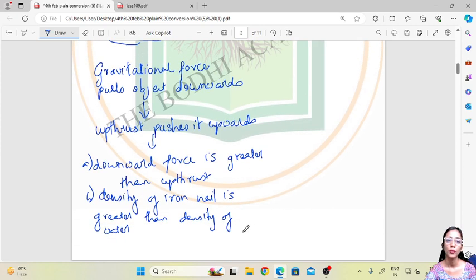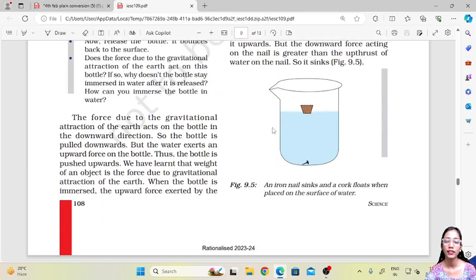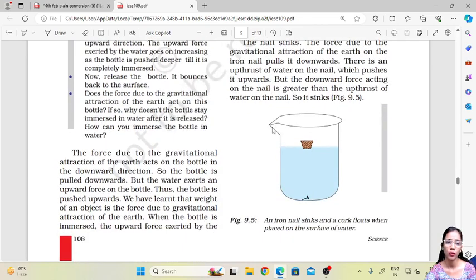This is the first concept, why the iron nail sinks inside the water.